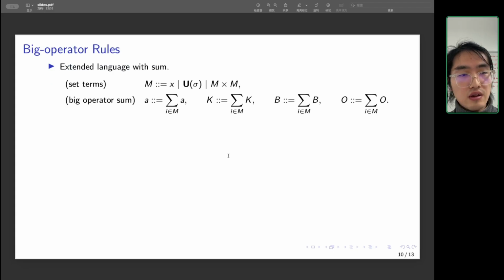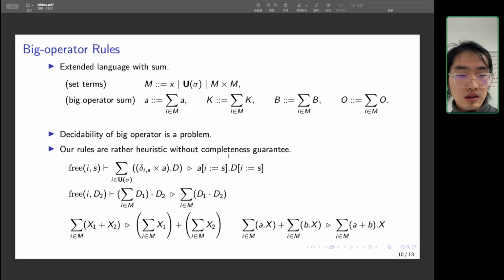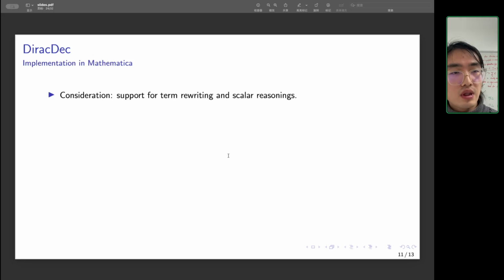There is syntax for sets and syntax for summation, and we also have the semantic explanation. But the problem is the decidability of big operators is not well studied. So our rules are rather heuristic. They have no completeness guarantee, but instead they work very well in practice.